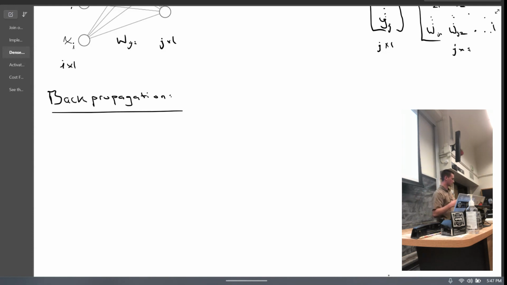This is called gradient descent. We have this cost function, which, depending on the size of your neural network, is a function of thousands of variables, but our goal is just to reduce it to 0.